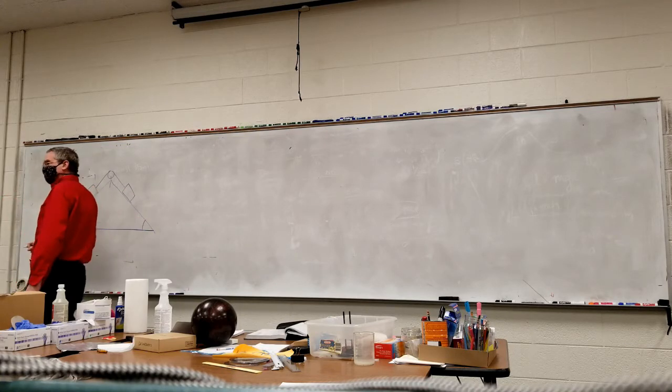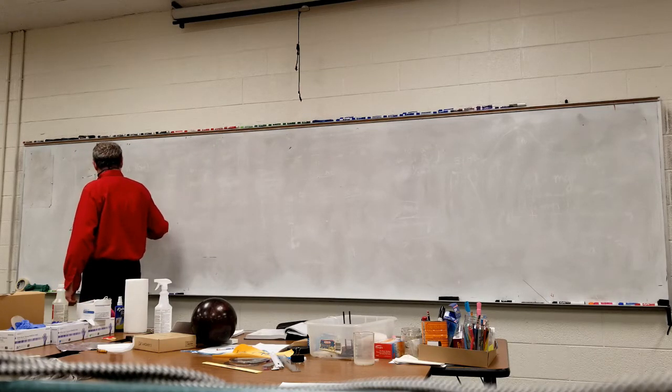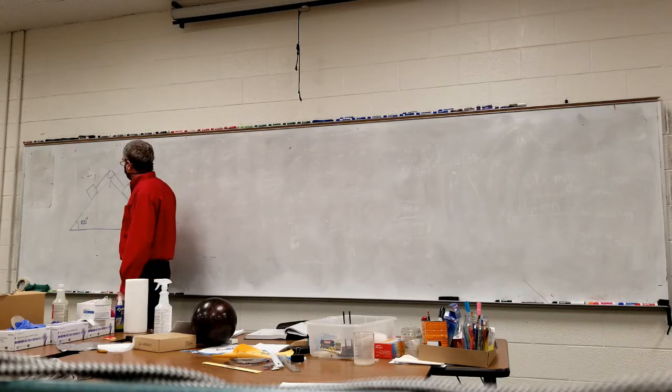I assume we gave some angles. 50 and 40 degrees? Yes. And coefficient of friction on the right side or left side? Friction in the left, zero in the right.